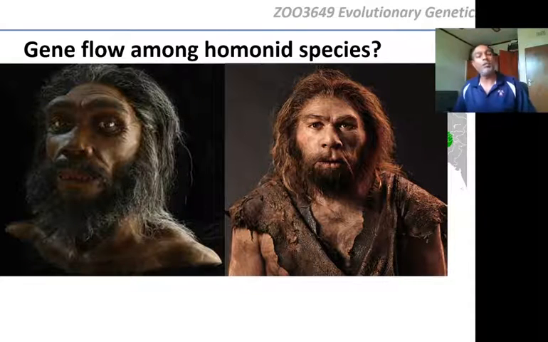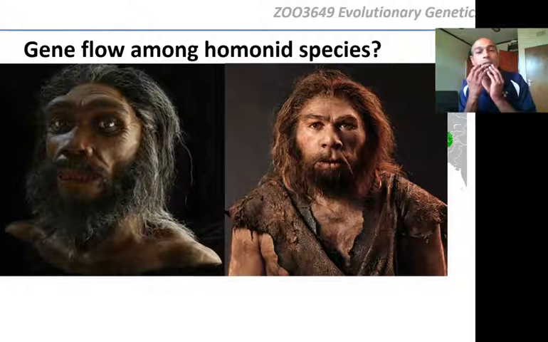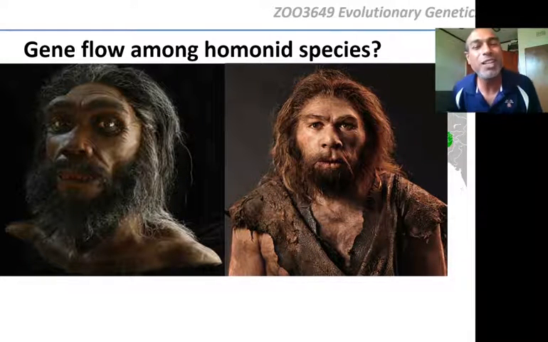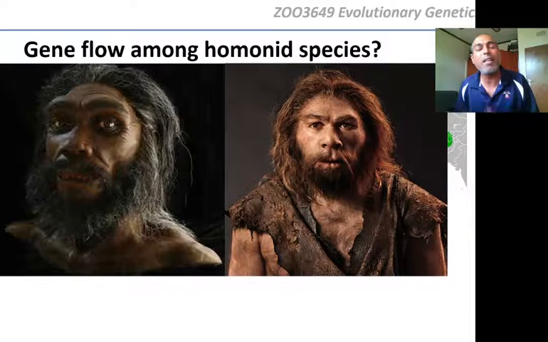Well, until recently, such a question could never be answered, because we didn't have any data from either of these species. All we had were the bones, the fossils. We didn't have any genes, any proteins, or any other materials to compare.